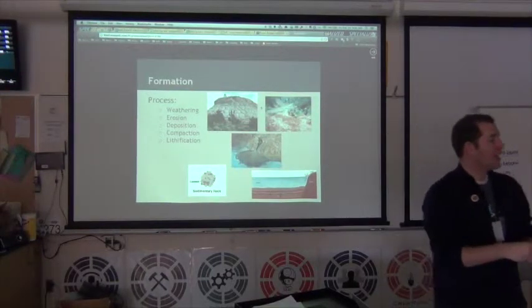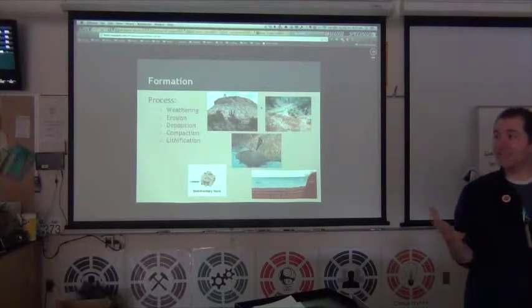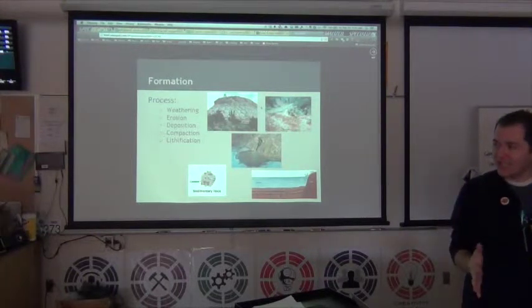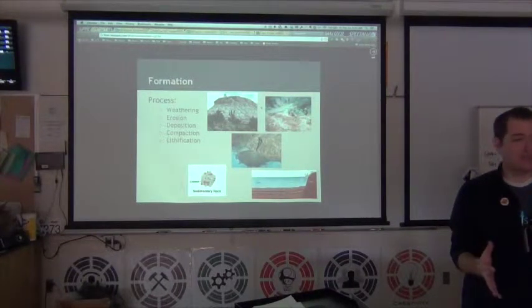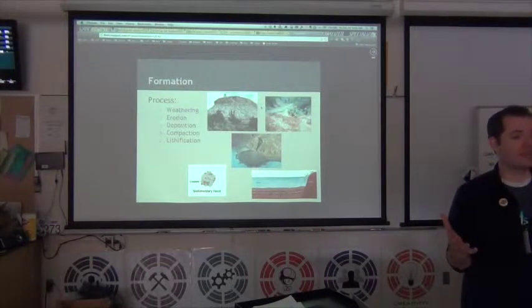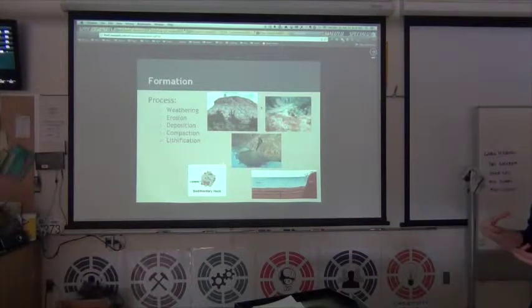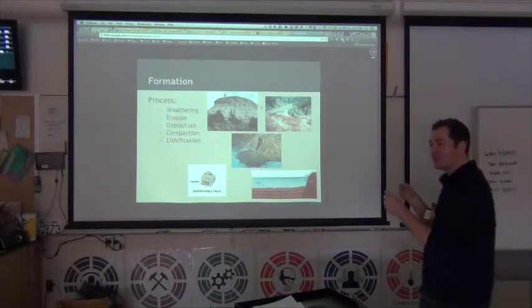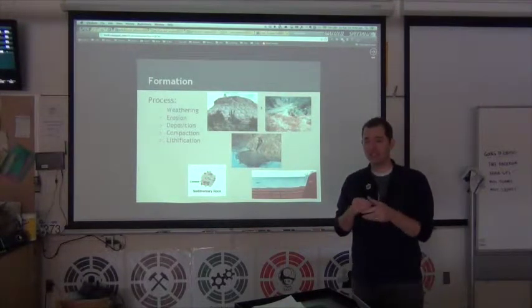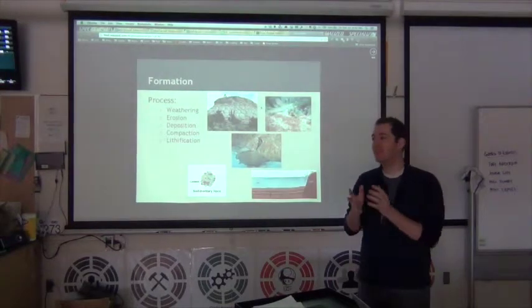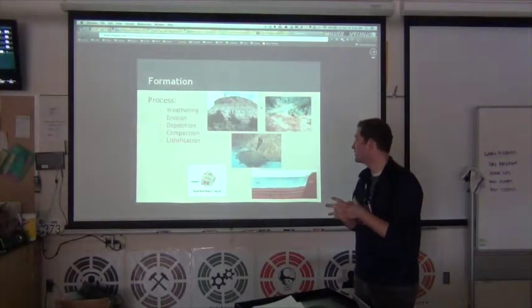It can be if rain goes inside the cracks in the rocks, and then it gets cold and freezes, it can break that rock apart. Plant roots can break rocks apart. Wind, all of those things can do weathering. It's just the processes of breaking apart these rocks.